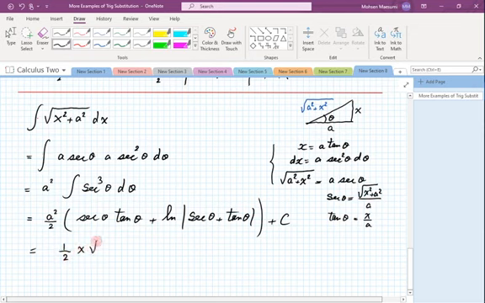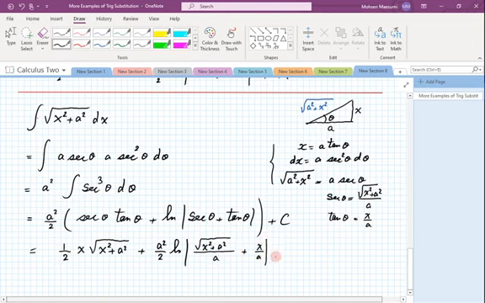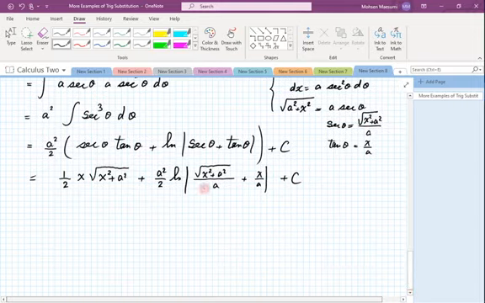Let's write the x first, so it looks nicer this way. x radical x squared plus a squared. Now a squared over 2 times this, logarithm of secant, again just that integral, the radical divided by a, and then a tangent, x over a, and then we have some constant. Just as in the last problem, we can put the a's as a common denominator, and then logarithm of denominator has to be subtracted.